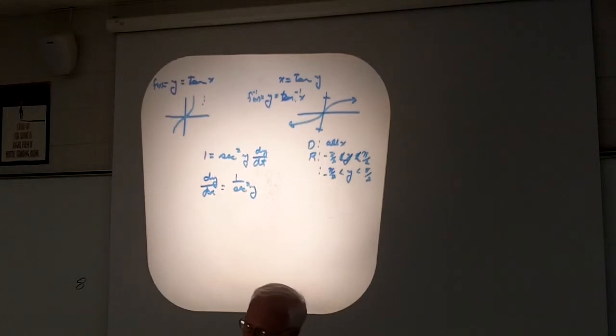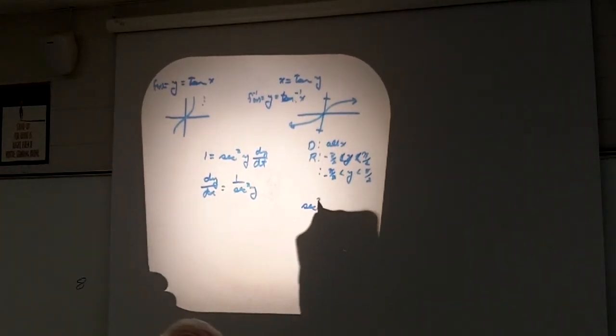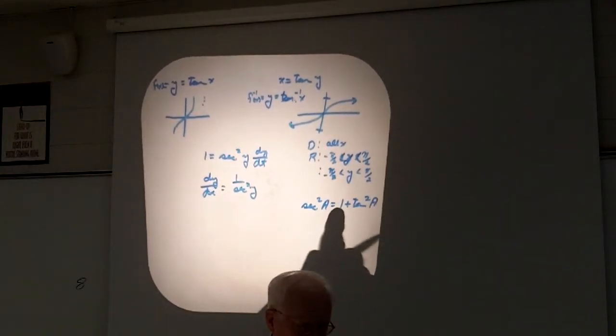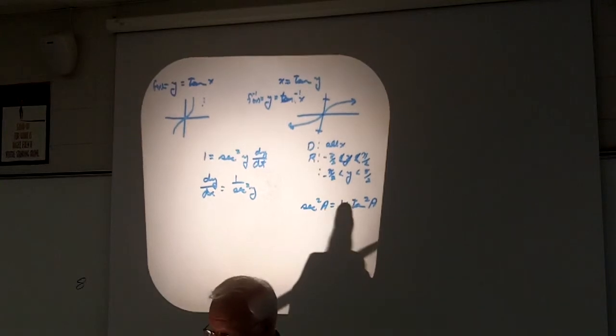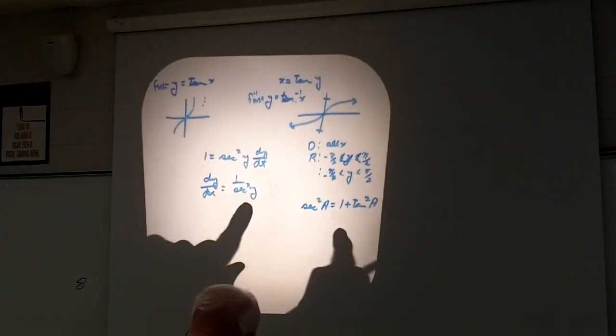Now, here, I know that secant squared a equals 1 plus the tangent squared a from the blue sheet, or you know it in your head. Okay, but now I don't have a here, I have y.